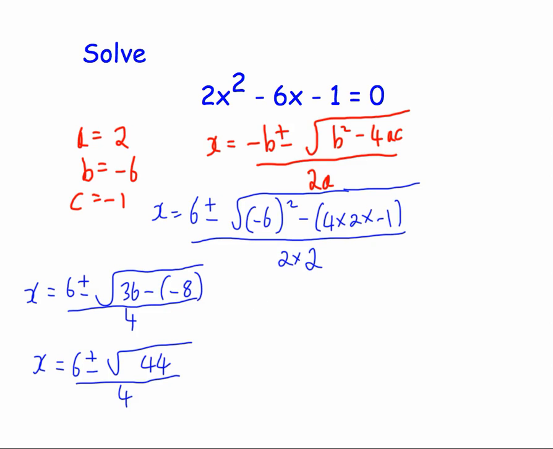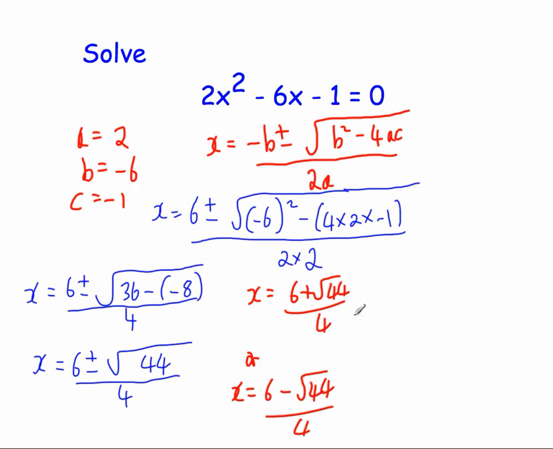I'll change pen to red here. So the first one is x equals 6 plus root 44 over 4, or x equals 6 minus root 44 over 4. Let's work out what that's going to be. I'm just going to type this into my calculator. I'm going to do 6 plus the square root of 44 equals, divided by 4 equals, and then I press the SD button and I get 3.158.